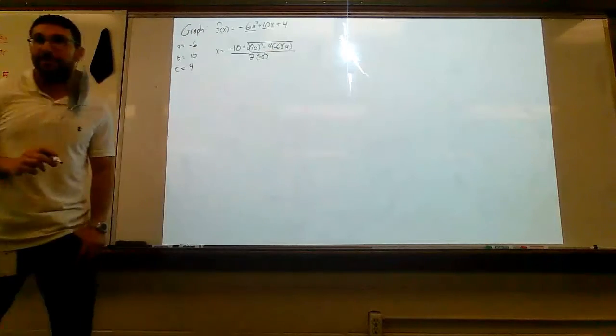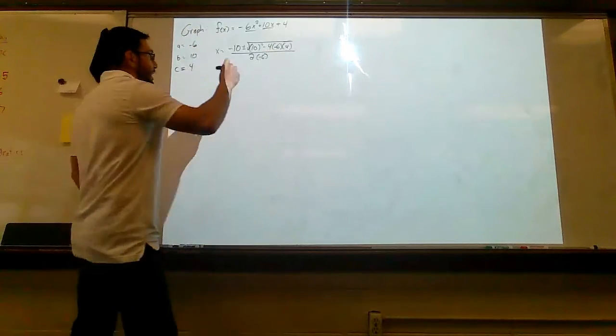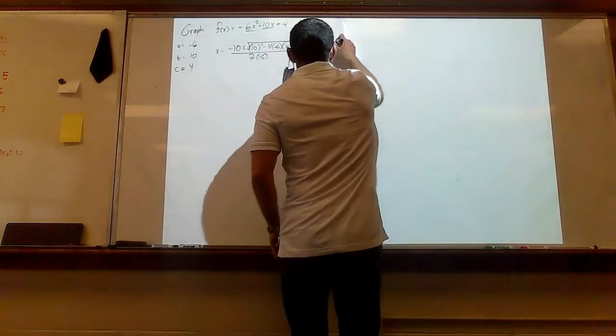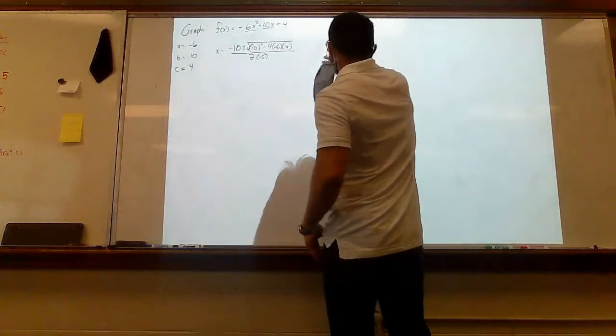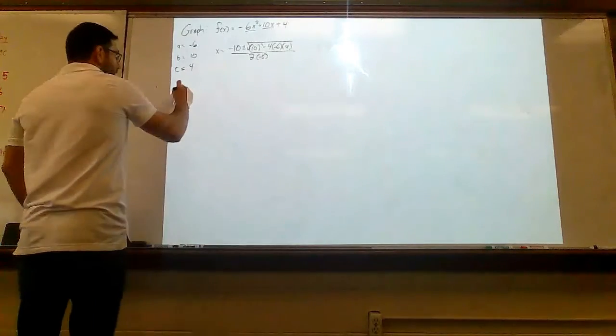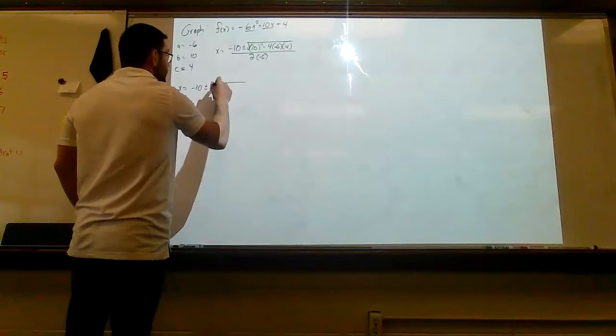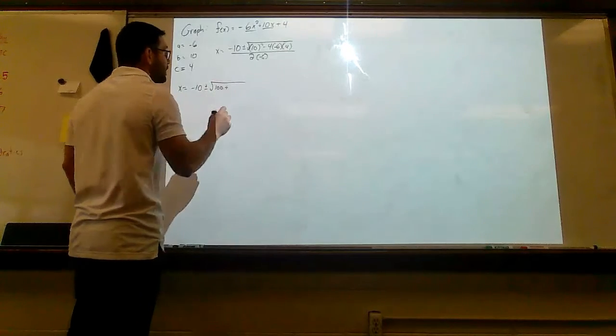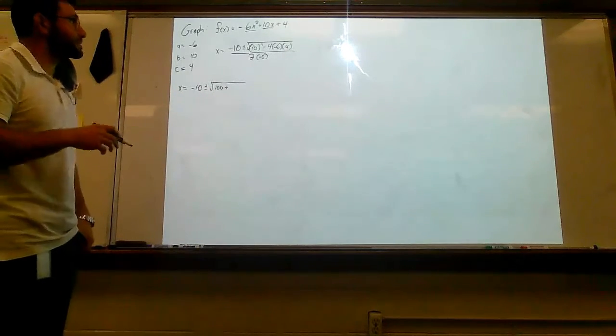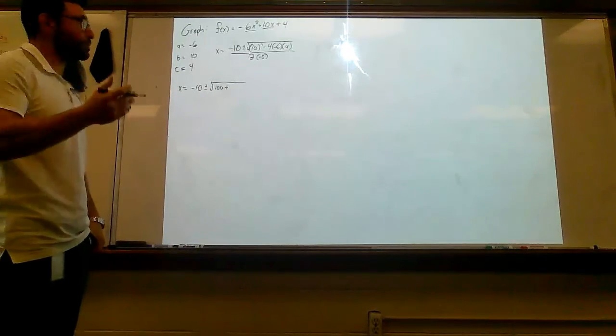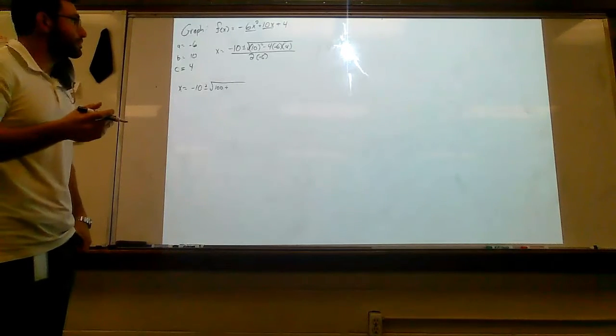Yes? Okay. So now we've got x equals -10 plus or minus the square root of 100 plus -4 times -6, which is 24. 24 times 4 is? We forgot the square root.